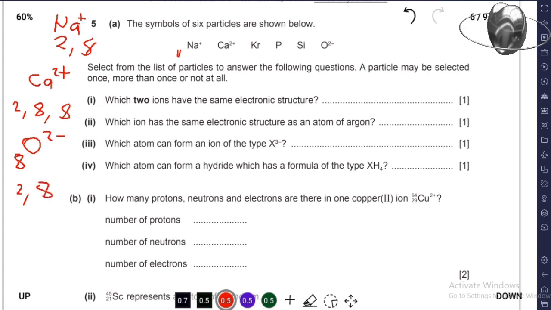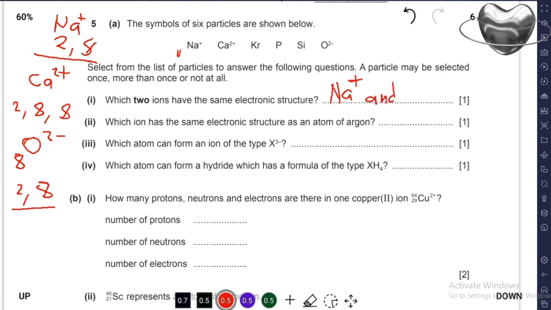So as you can see, sodium and oxygen are having the same electronic structure. So here we are going to say the answer is sodium ion and oxide ion.